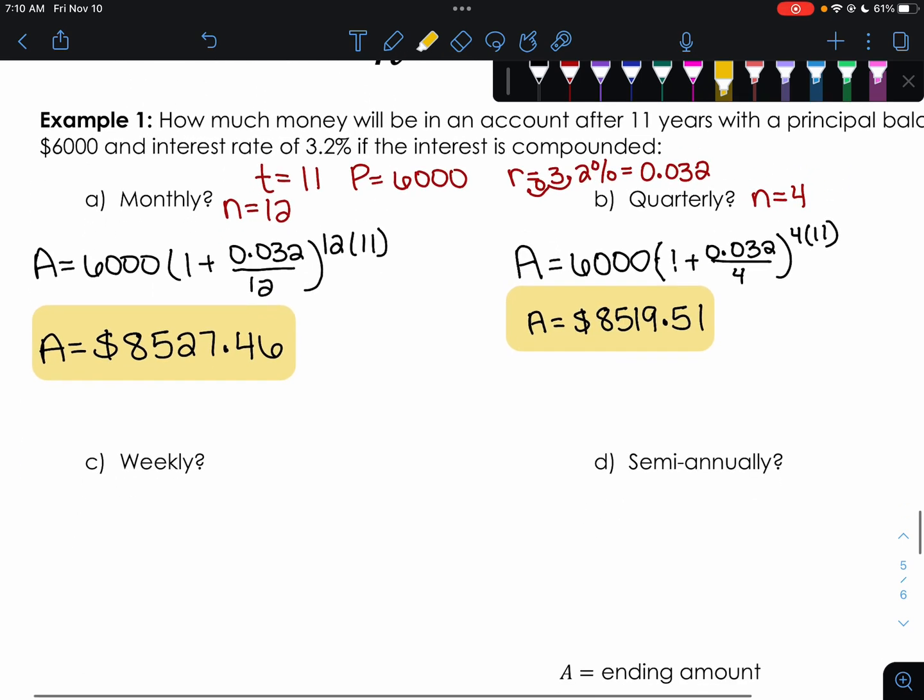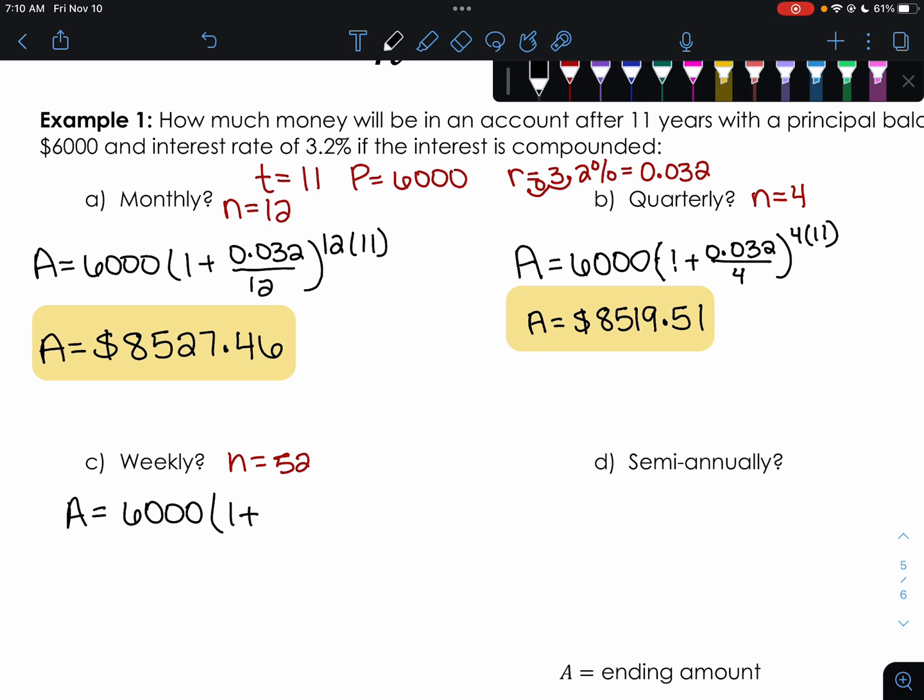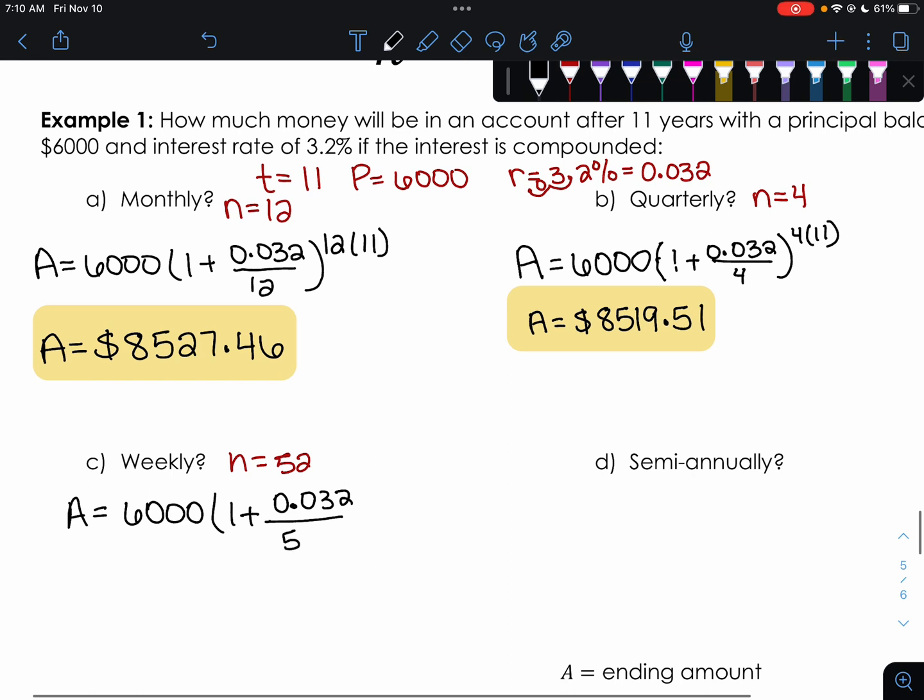Okay, when we go to weekly, how many weeks are in a year? That would be 52. And so now I am going to change everything to 52 for N. So we have 6,000 times 1 plus 0.032, all divided by 52 to the 52 times 11 power.